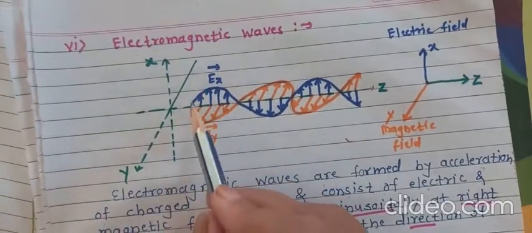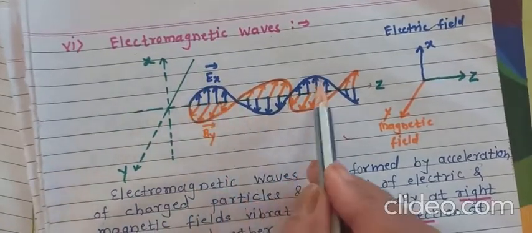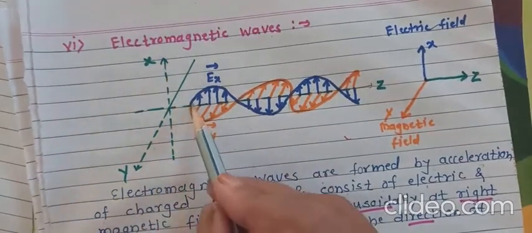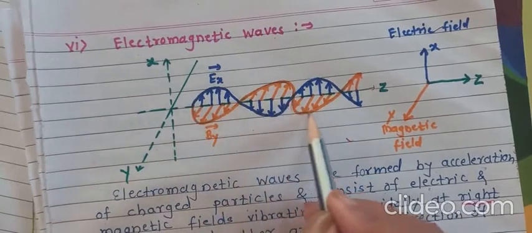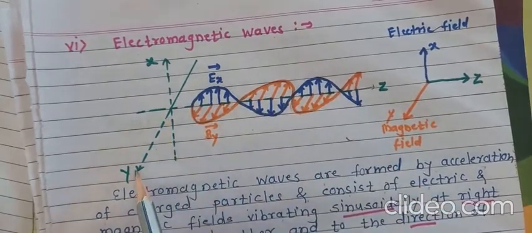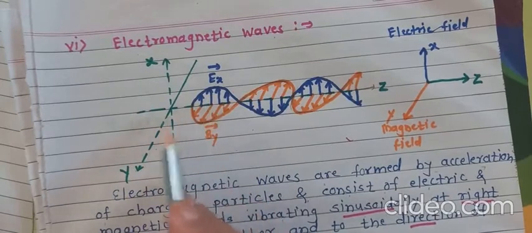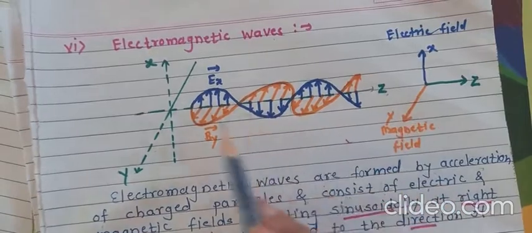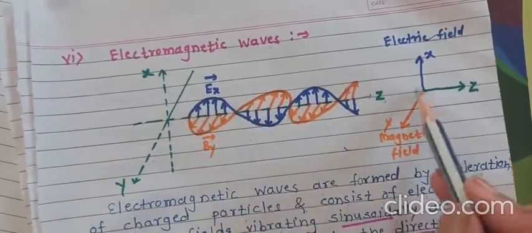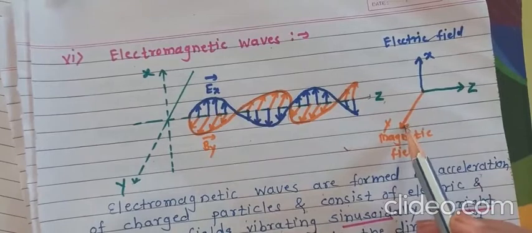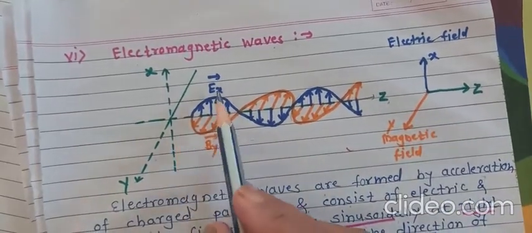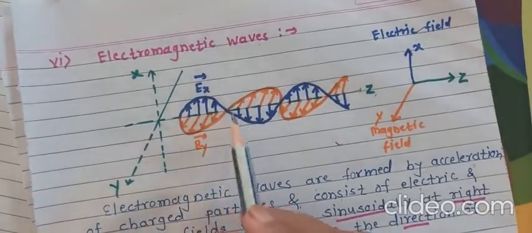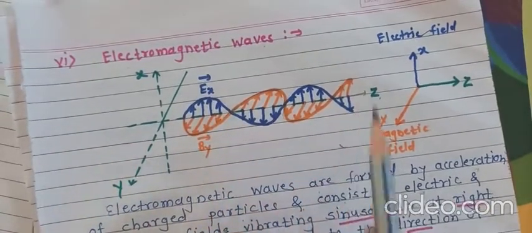In the figure, the electric field vector is vibrating along the x direction, the magnetic field vector is vibrating along the y direction, and both the fields are propagating along the z direction. These three are mutually perpendicular to each other, and the electric field vector and magnetic field vector are represented by sinusoidal wave functions.